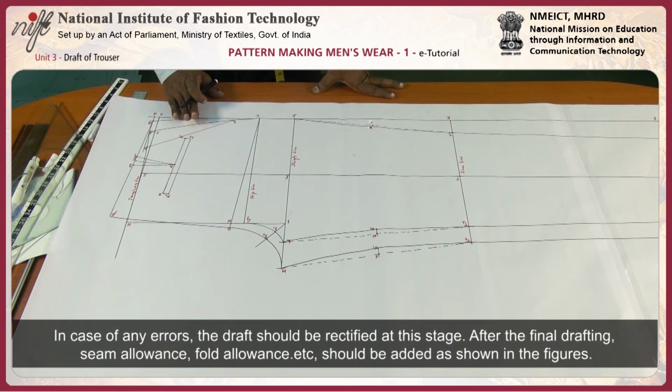In case of any errors, the draft should be rectified at this stage itself. Once the error, anything found, is rectified after the final drafting, seam allowance, fold allowance should be added as shown in the figure, which will be followed in next level.